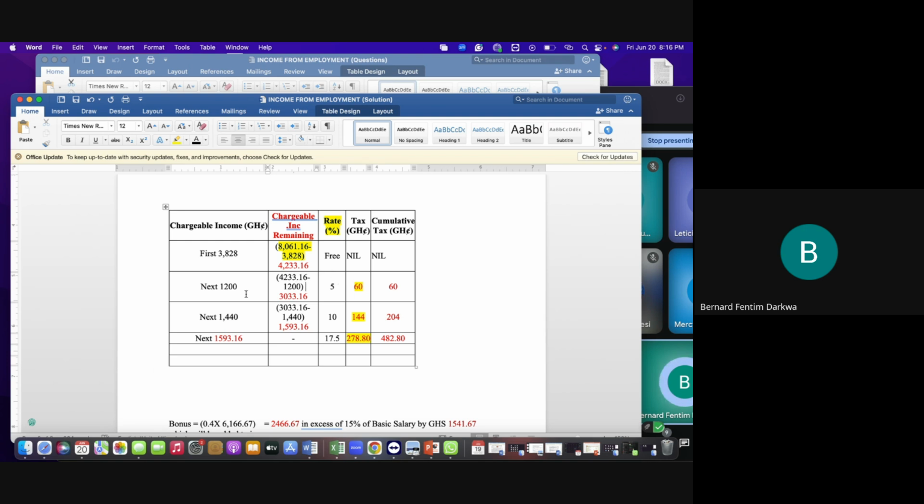So the 1,002 will be taken from this figure, so that you charge the tax on it. But when you go to the next level, remember that when you are in the third stage here, your taxable income is no more 4,233, because you have taken 1,002 from it, so it is now this 3,030. Then you take 144 from this. So always, if you are at one level, you have to know the closing balance, or the taxable income left, that you are going to subtract the next band from.